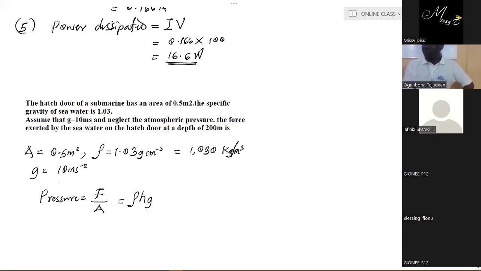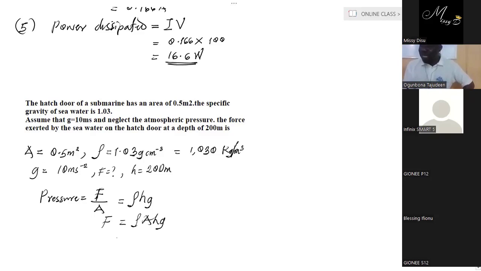So from what we are given, some things here can assist us. F is unknown, that is what we are looking for. We are looking for the force here. We know the area already. We know the rho already. We are given the H as 200 meters. Then we know G. So with that, our F is equal to rho AHG.